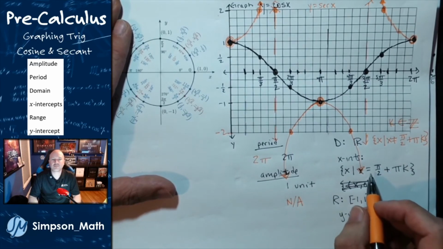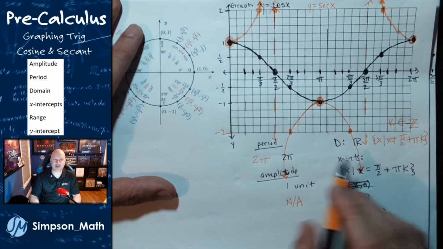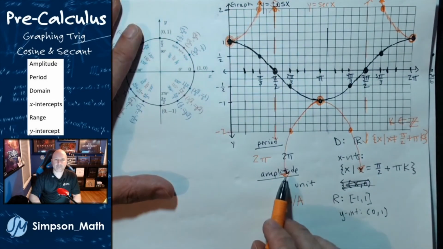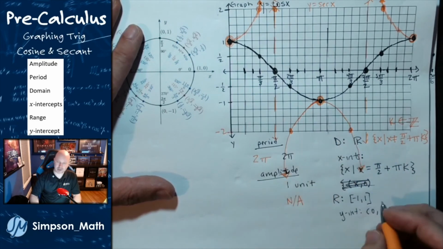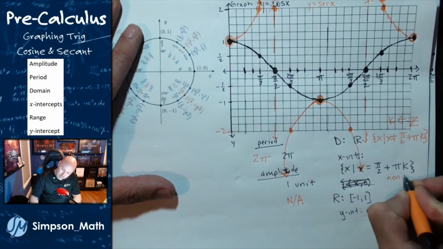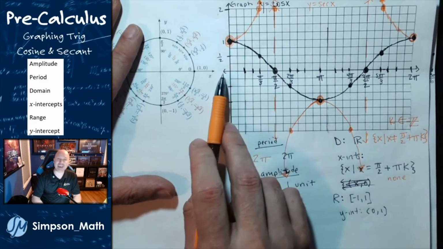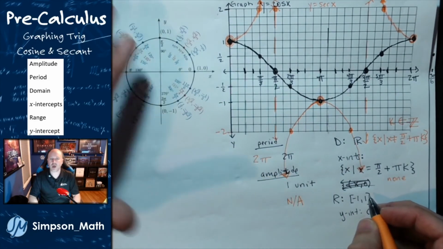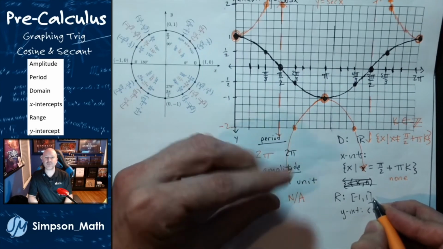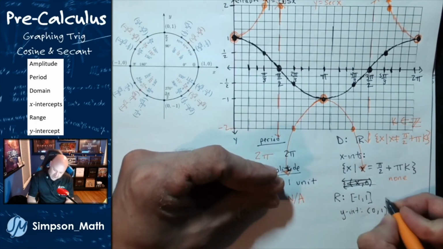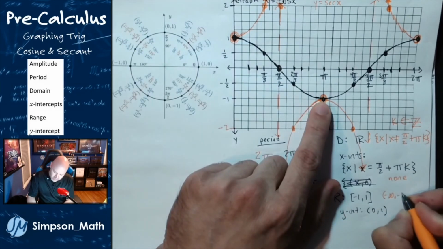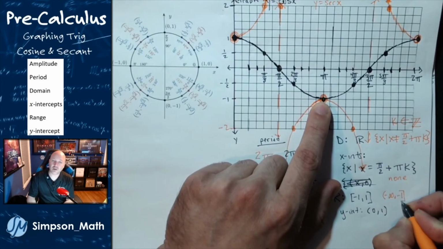X-intercepts. Does secant have any x-intercepts? And if so, where? No, none. My orange graph never touches the x-axis. Range. I think I can use interval notation here. I can go from -infinity up to -1, included.